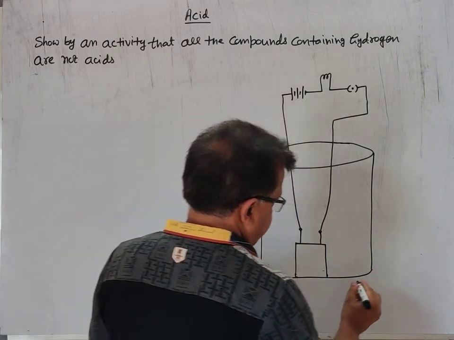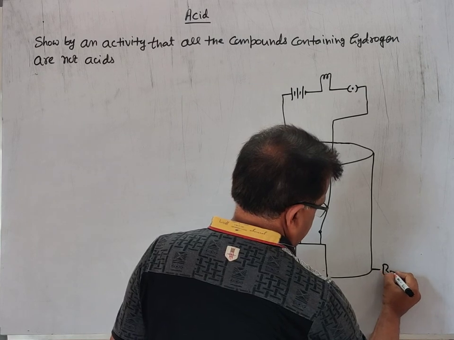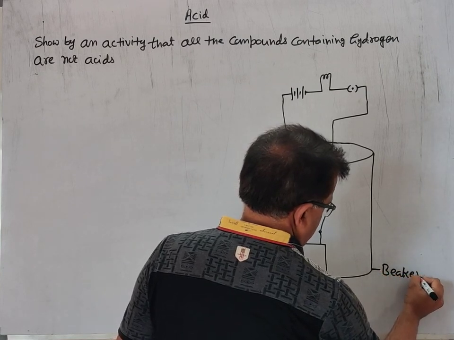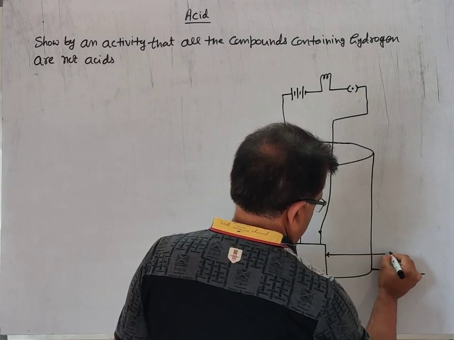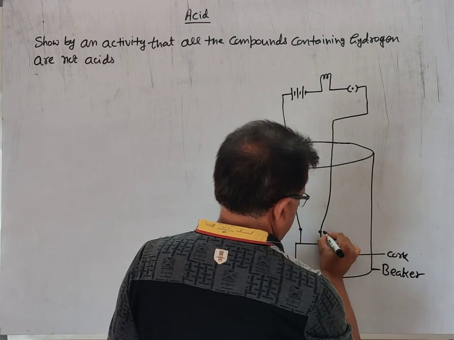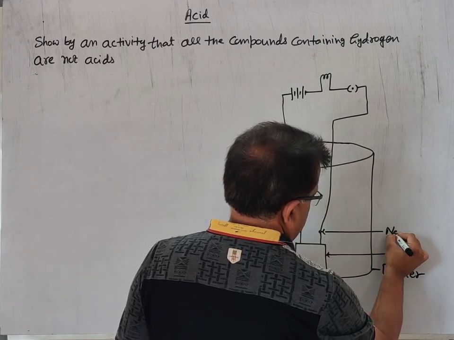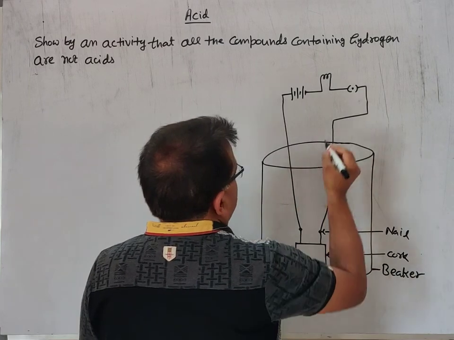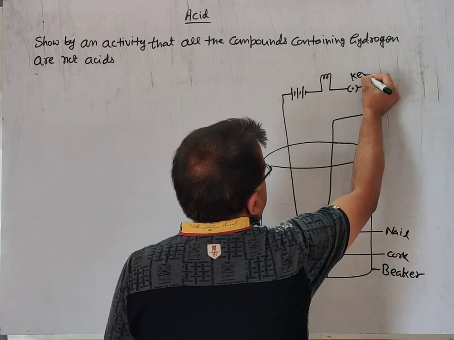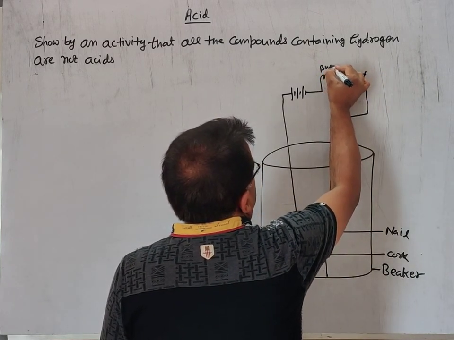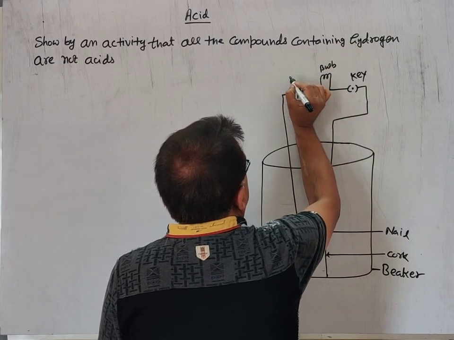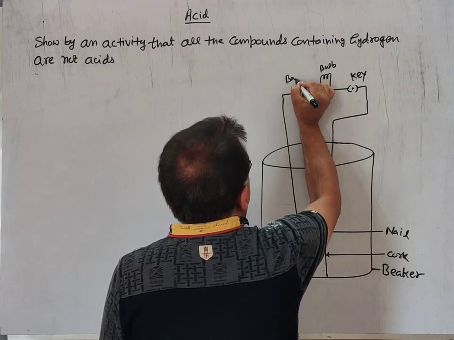So now this is the beaker, this is the cork, the iron nails, it is the key, it is the bulb, and it is the 6-volt battery.